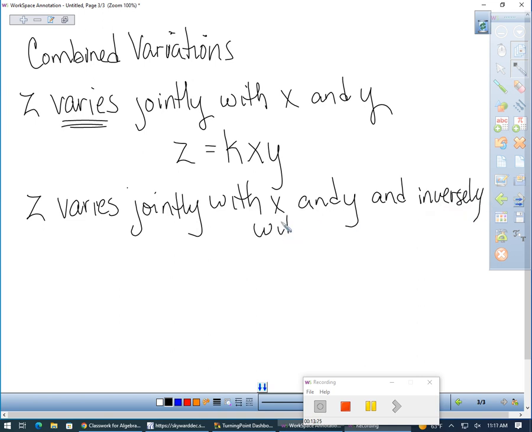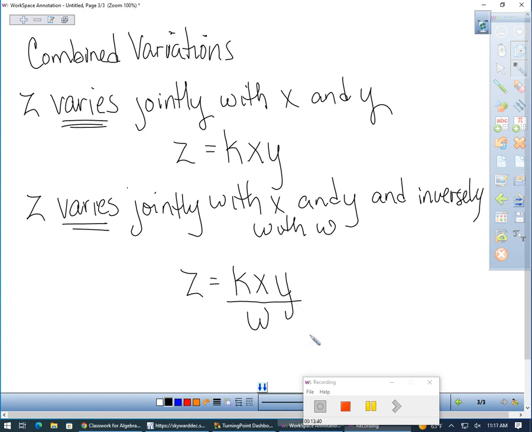Again, varies means I got to have that k. So I have z equals k. Jointly with x and y means I'm going to multiply by x times y. We've already discussed that inversely means that I get to divide by w.